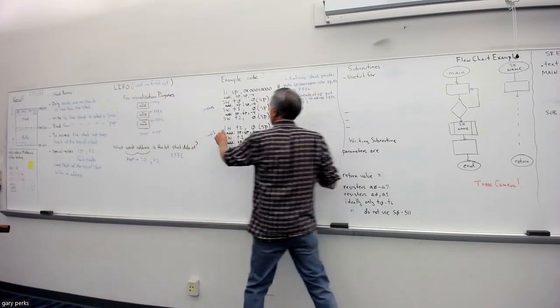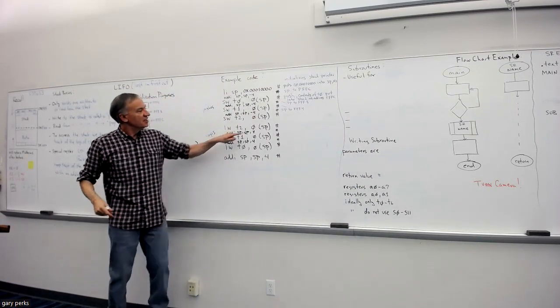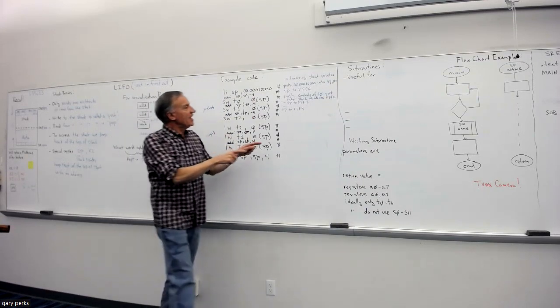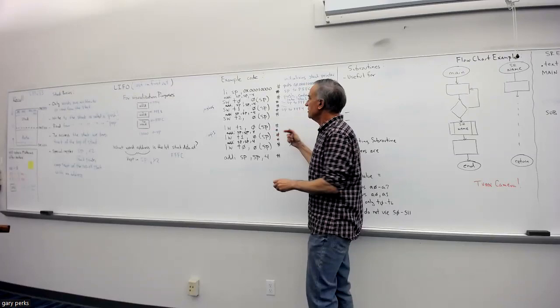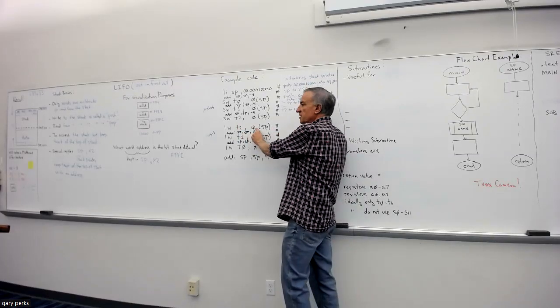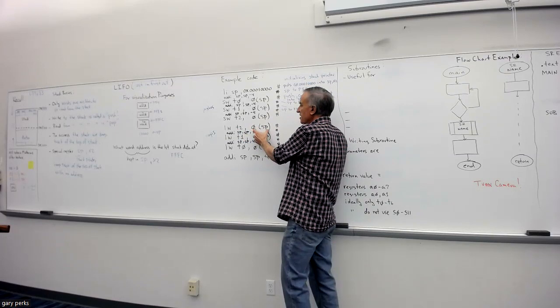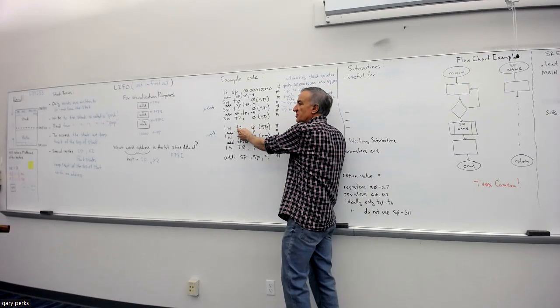Okay, so you see here, this first load word, I already have FFF4 in my stack pointer. So I wouldn't add an offset to it, right? I'd make my offset 0. So it's going to take the data at this address of the stack and put it into register 2, right?